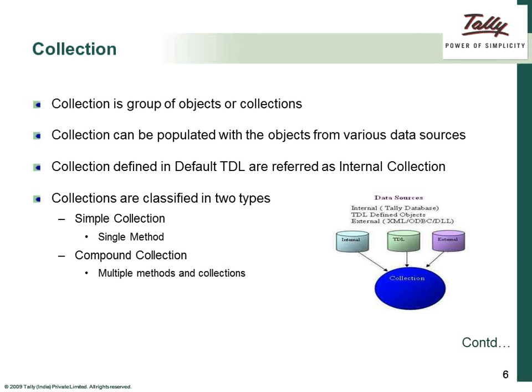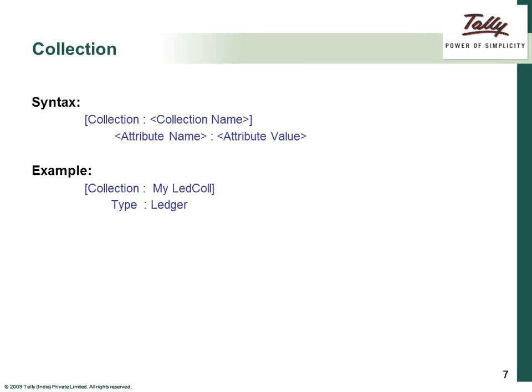All these values are end of list. All these values are internal and you cannot modify them, right? So these are TDL hard-coded values. Finally, we have defined collections into two types, a simple collection and a compound collection. Most of the collections that you see are compound collections. Simple collections would be like your address or the unit of measure, where we do not have further collections, or it's a simple method. Very crude, very basic, right? This is how you can create a collection.